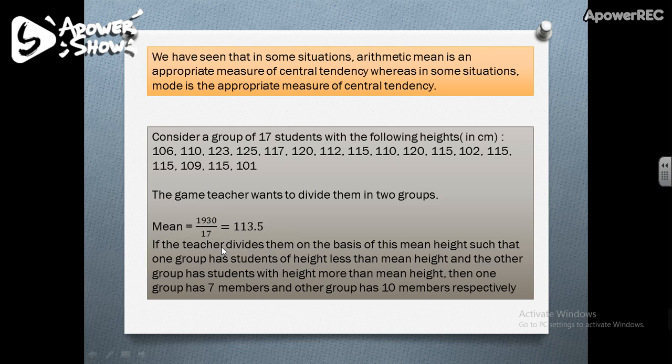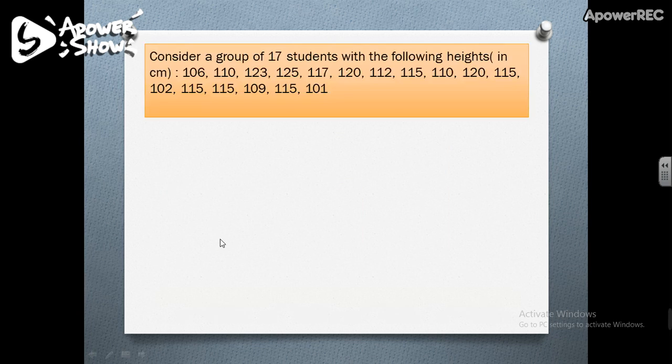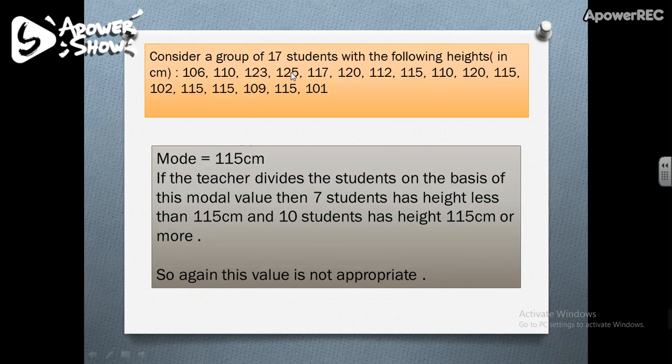Now let's try to find the mode of the given set of observations. Again, we have a group of 17 students and the games teacher wants to divide them into two groups. Now she is trying to use the modal value for dividing the students. The mode of this set of observations is 115 centimeter, because 115 is the number which occurs the maximum number of times.